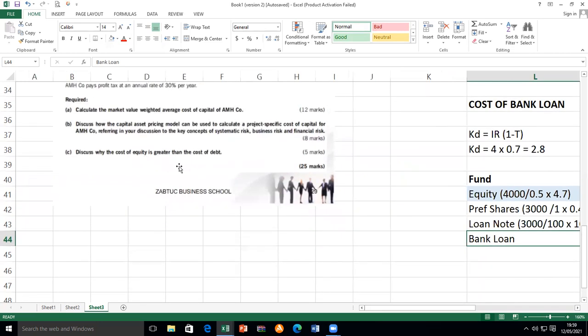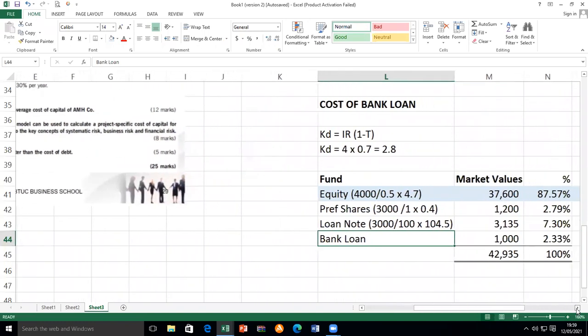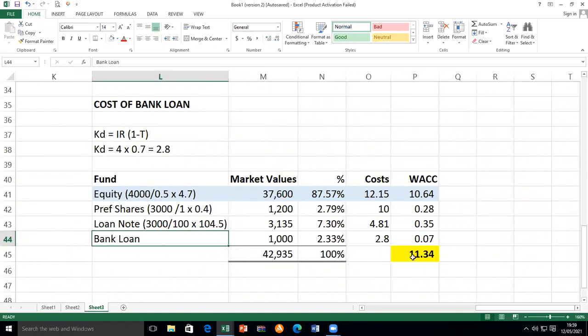Discuss why the cost of equity is greater than the cost of debt. You can see it's very high, 4.15. Why is it high? Because ordinary shareholders carry the highest level of risk in the company.